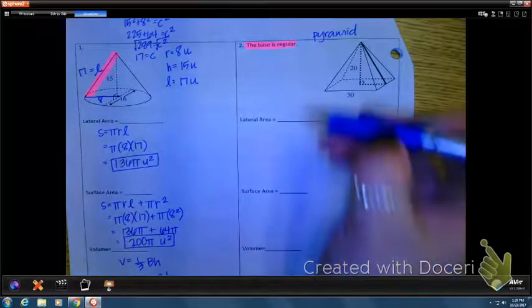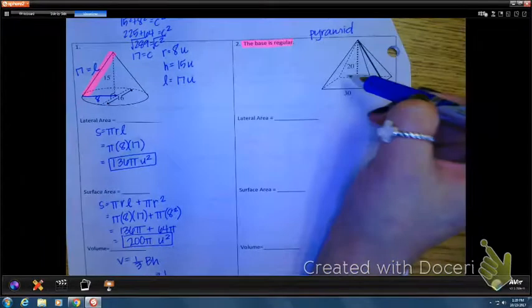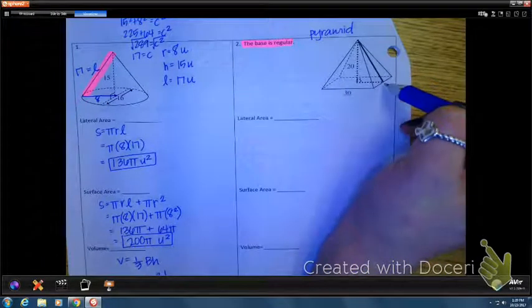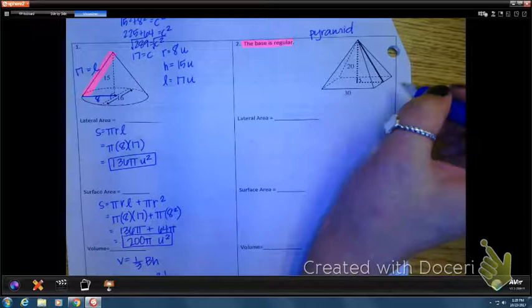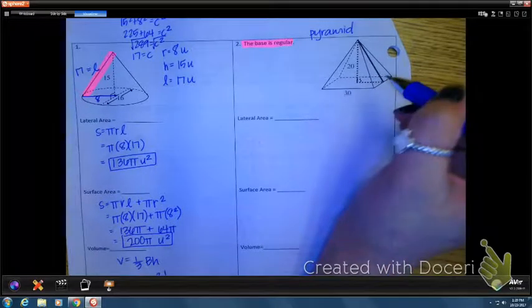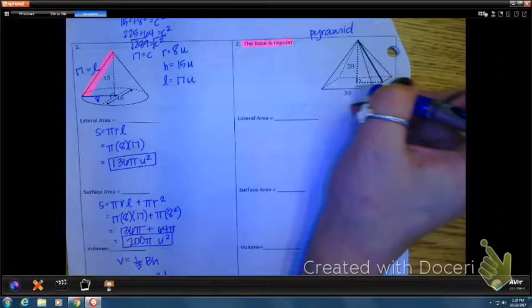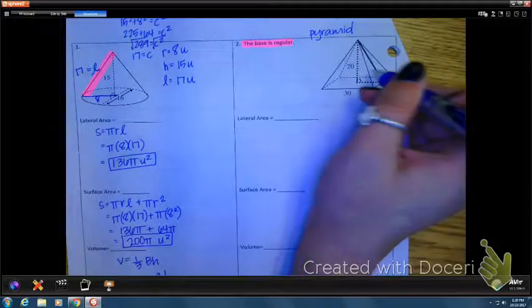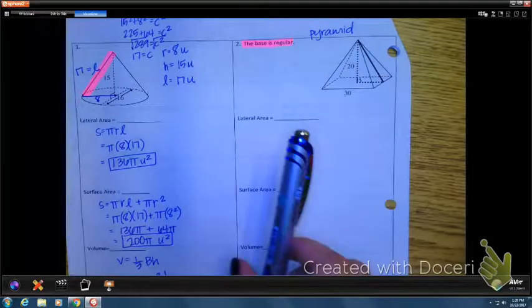Okay, a shape is regular when all sides are congruent. So if the base of this is regular, then all sides are 30 units. Okay, so in this case, again, we'll have a square pyramid because it's a regular base, which means all sides are going to be congruent.